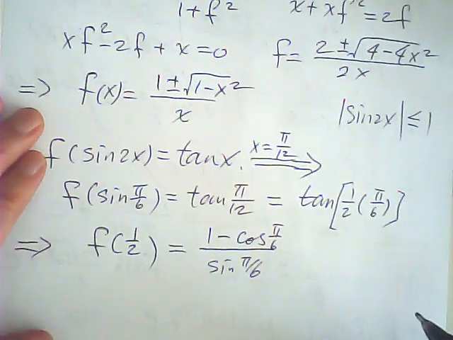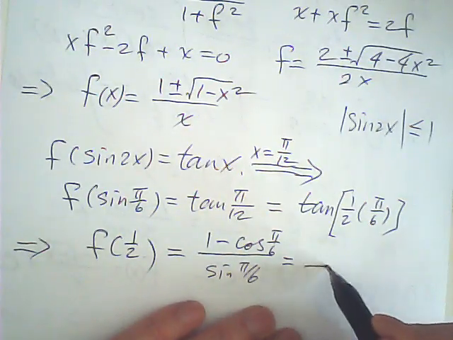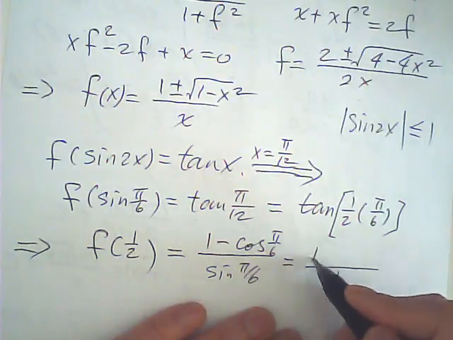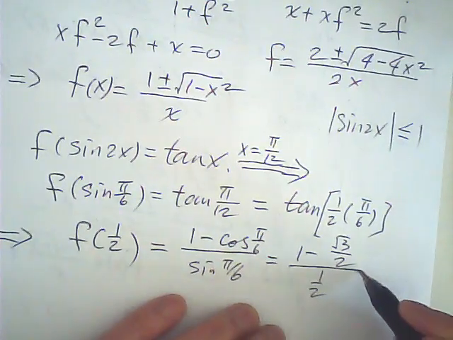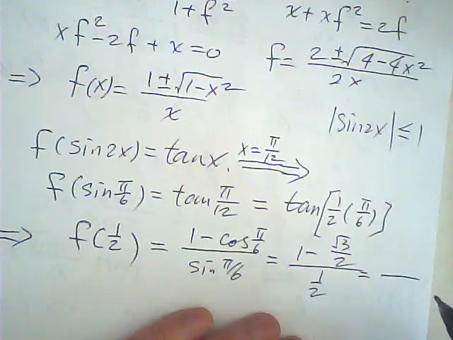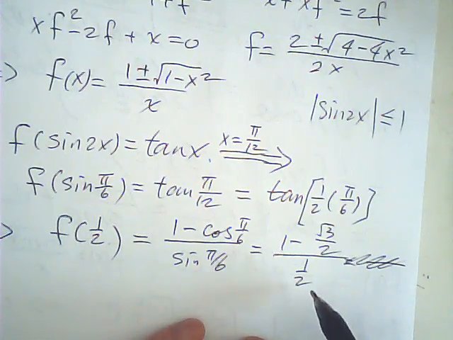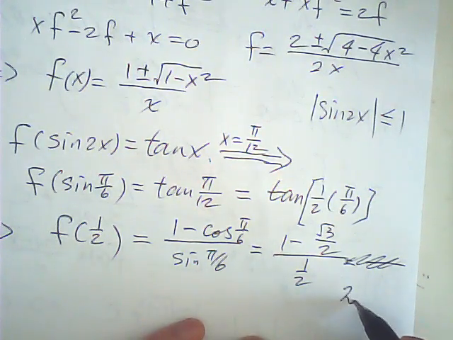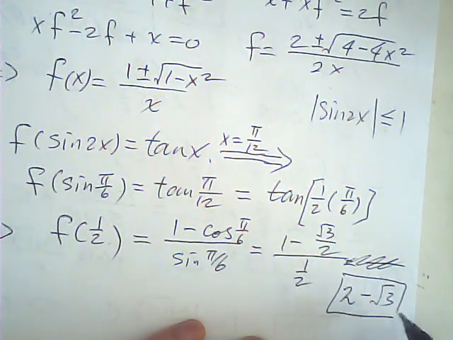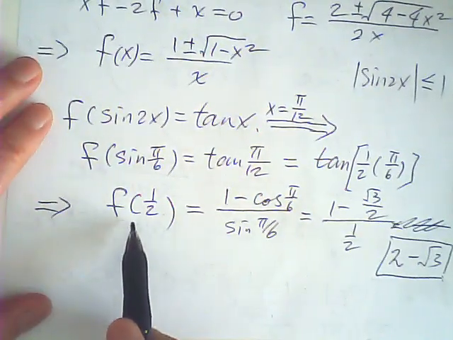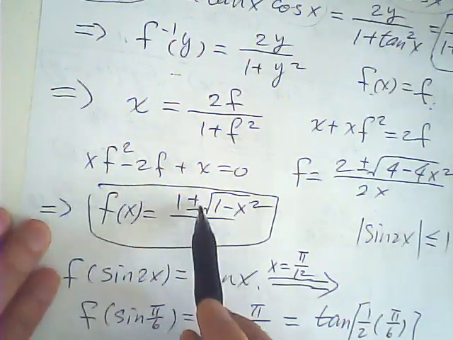Then this one equals what? The denominator is 1/2, the numerator is 1 minus root 3 over 2, right? So this is equal to 2 minus root 3. So we can choose which one. Okay.